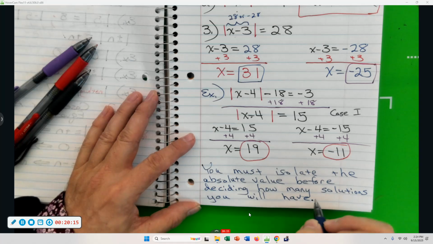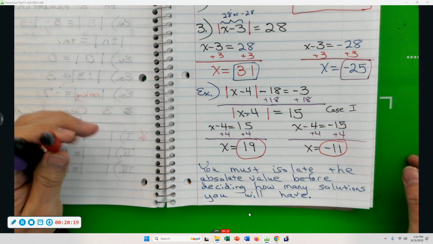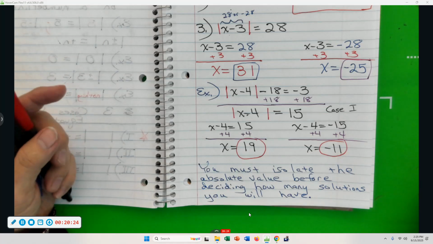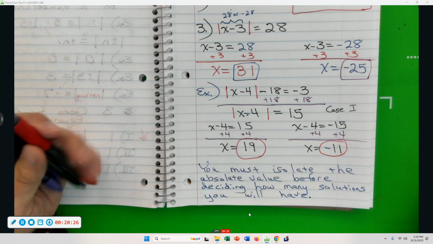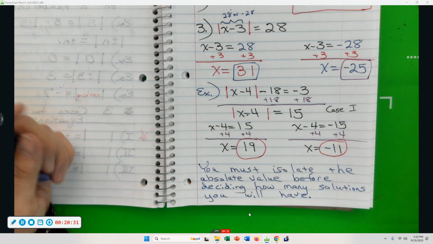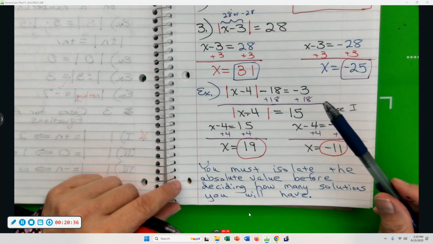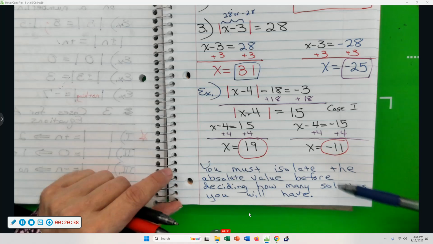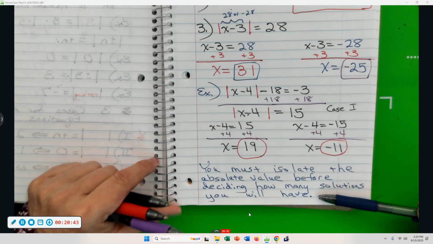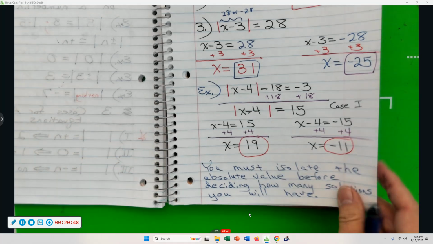I should have just written, always isolate the absolute values first. The reason we're solving absolute value equations today is on Wednesday we're going to be solving inequalities, and some of those inequalities are absolute value inequalities. The first step in solving the inequality will be to solve the equation, and the same thing is true. When working with absolute values, whether it's an equation or an inequality, you must first isolate the absolute value expression.